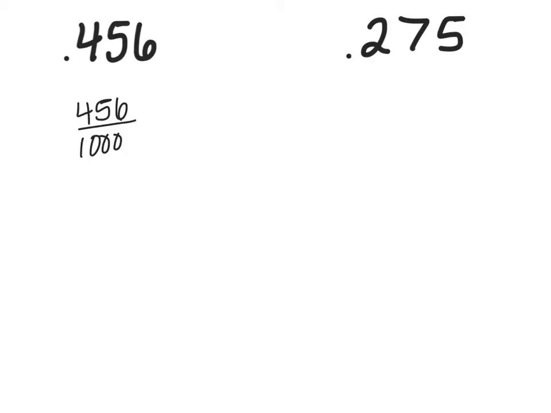When I was looking at this, I thought, oh, I think 4 might go into 456, just kind of a hunch. So I tried it, it worked. So if I divide by 4, 456 divided by 4 is 114. 1000 divided by 4 is 250.